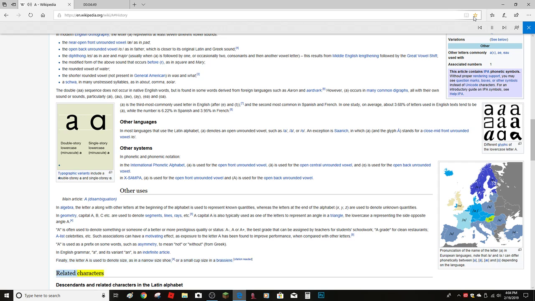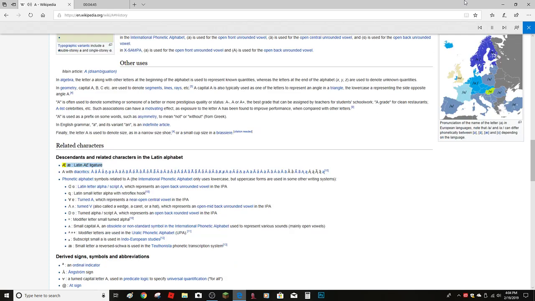Related characters. Descendants and related characters in the Latin alphabet. Æ, Latin AE ligature. A with diacritics.